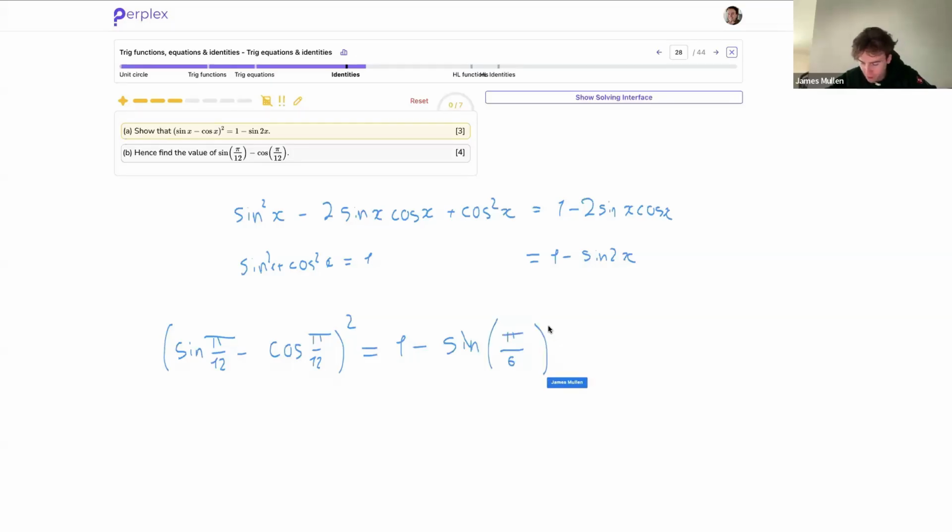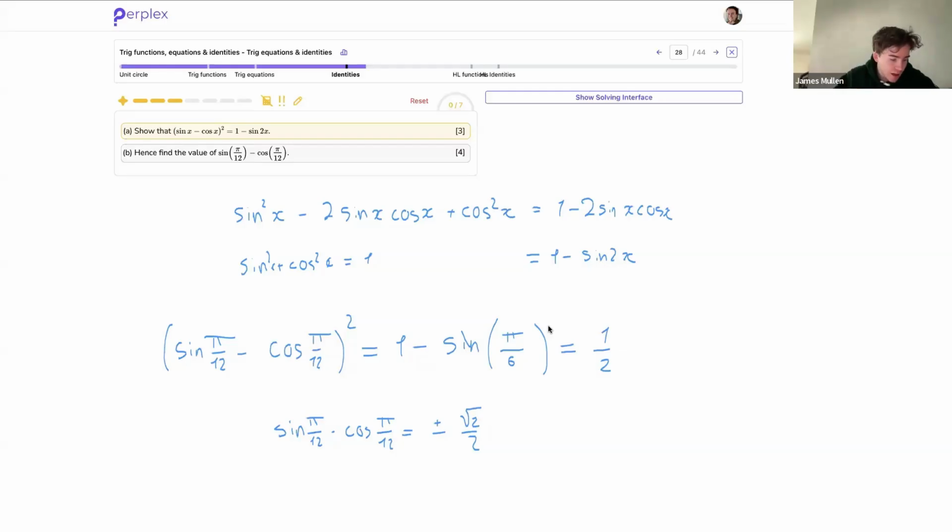And sin of pi over 6 is 1 over 2, so this should get me 1 over 2. And therefore sin of pi over 12 minus cos of pi over 12 should be equal to plus or minus root 2 over 2 if I square root 1 over 2.